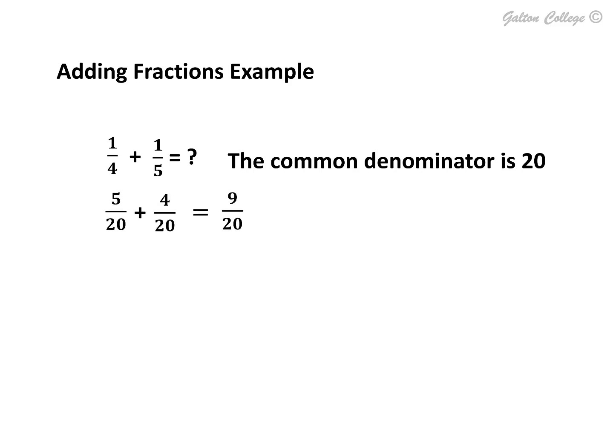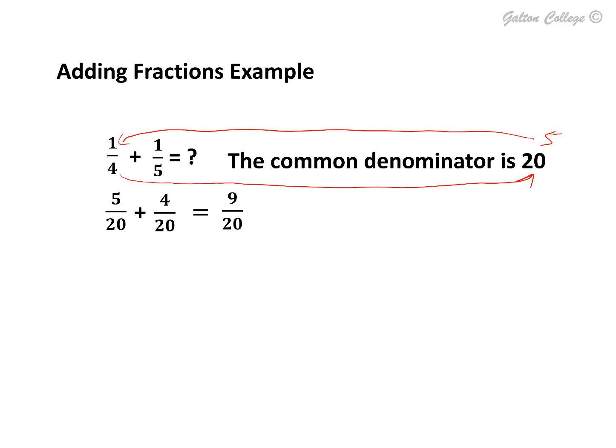If you divide the 4 into 20, you get 5. And then we multiply the 5 by the 1, and that gives us 5 over 20.